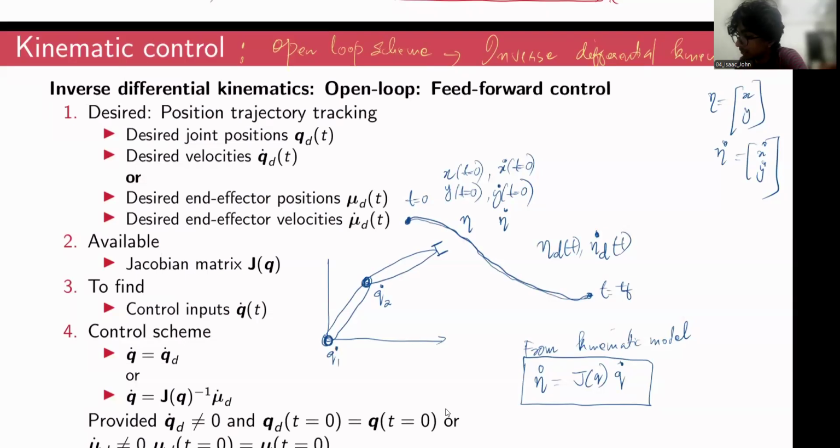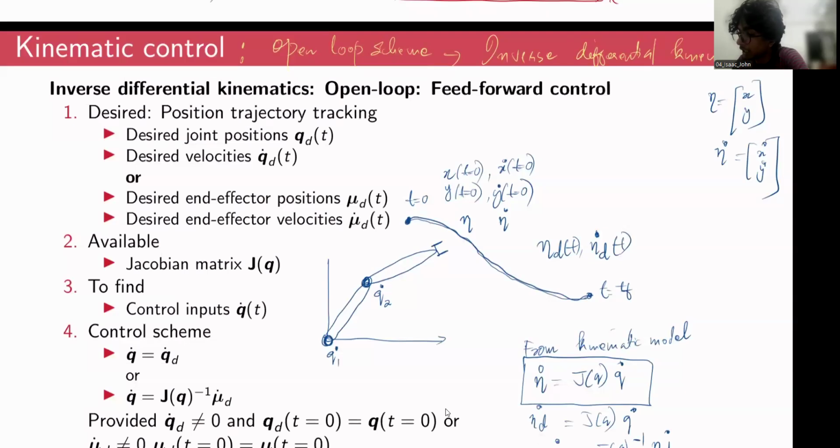So from this kinematic model, if I substitute eta desired dot into this equation, you will get eta desired dot would be J of q multiplied by q dot. And thus your control input q dot would be J of q inverse eta desired dot. Right? Now you got the control input.